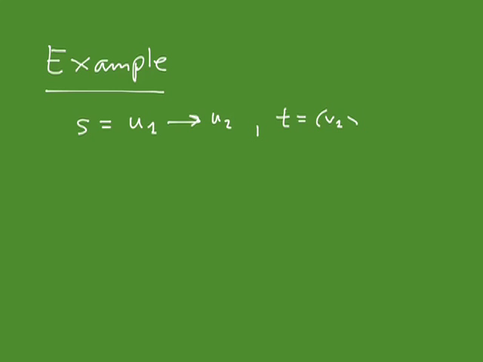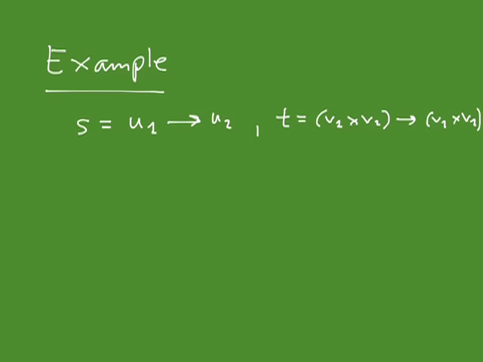Let's consider an example. We have two type expressions. One is s, u1 arrow u2, and the other is t, which is v1 times v2 arrow v1 times v1.